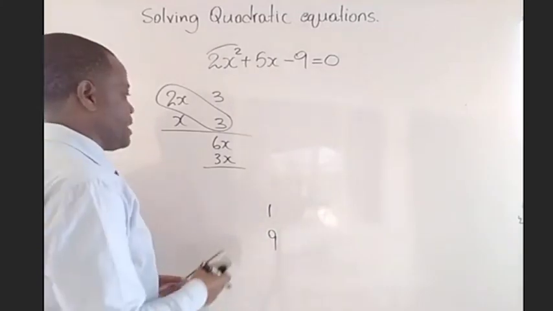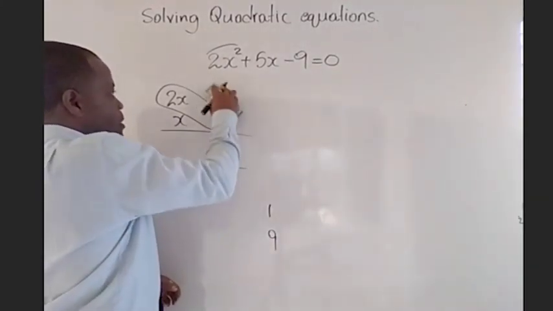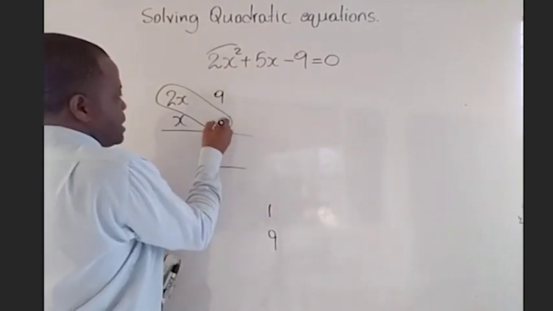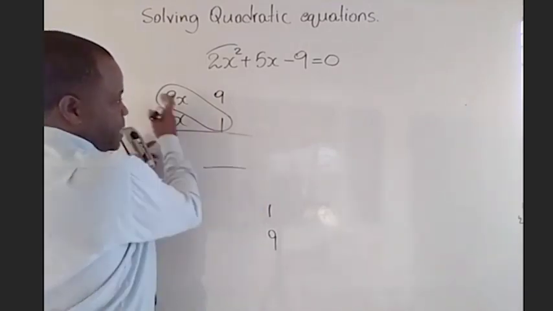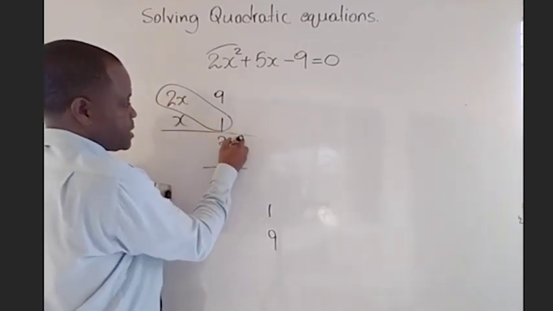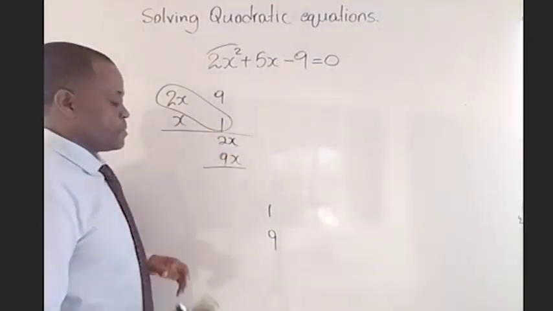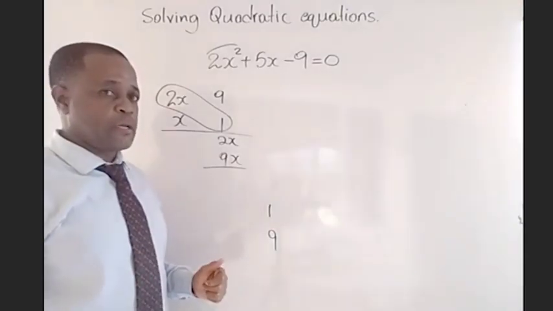So we get rid of that, and I'm going to place 9 here and 1 here. Multiplying across, we end up getting 2x, and across here, we end up getting 9x. Wow. Am I doing something wrong here?